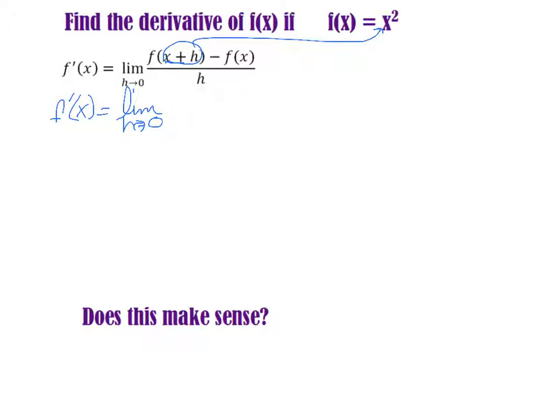So I'm going to get rid of this f of x that I was writing, and I'm just going to write x plus h squared minus the function itself, so I'm just going to subtract the x squared. And then I'm going to have that all over h.